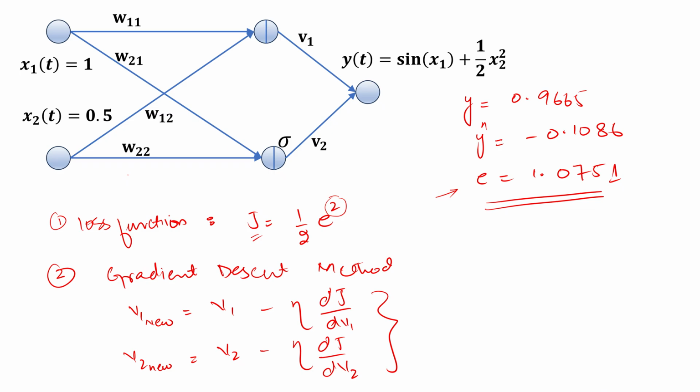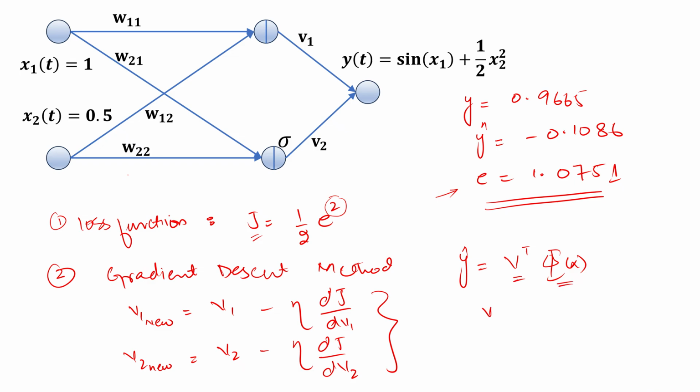So let's find the derivative of J with respect to these weights. But before that, I want you to recall that when we were approximating y hat, we found this relationship between the weights and function of x.